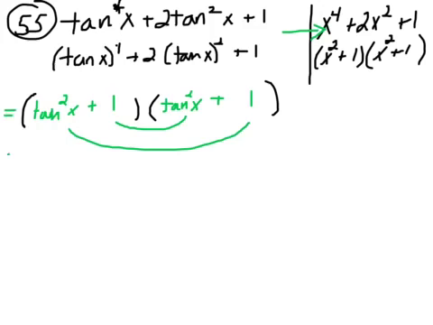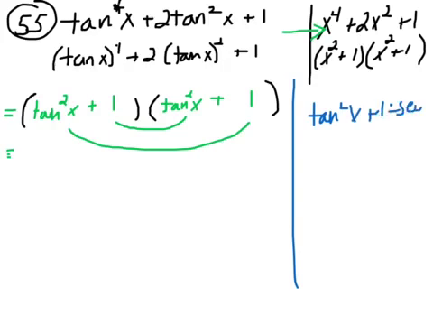Now, do I have an identity that tells me what tangent squared x plus 1 is? It looks an awful lot like it might be a Pythagorean identity. And if I go check, what we do know about tangent squared x and 1, and I knew to think that because there was a square term and there was a 1, is that tangent squared x plus 1 is equal to secant squared x.